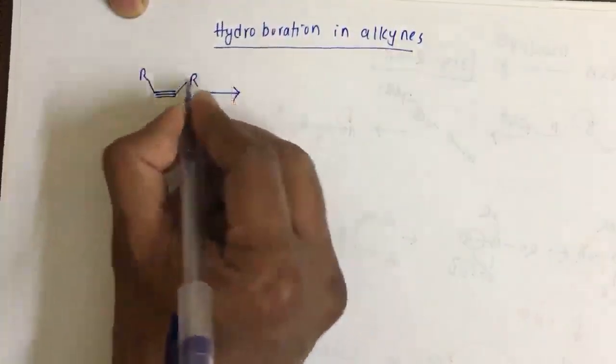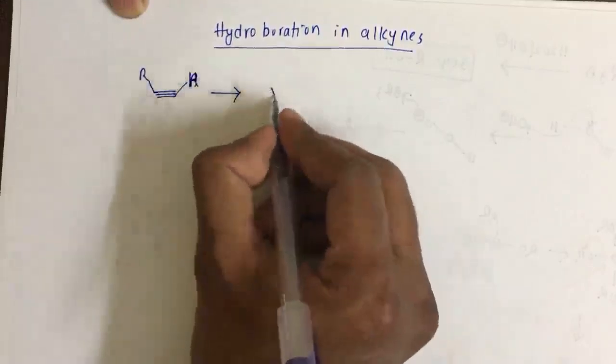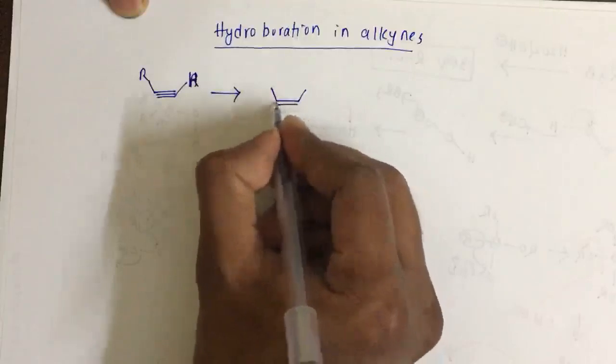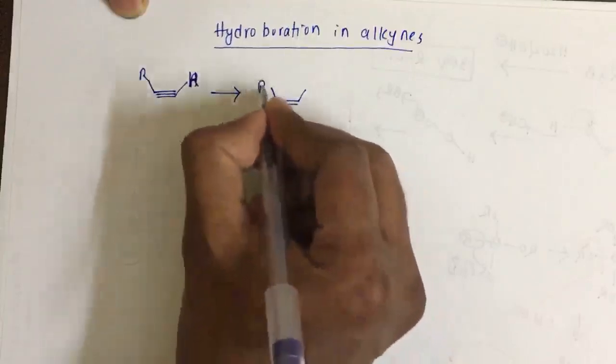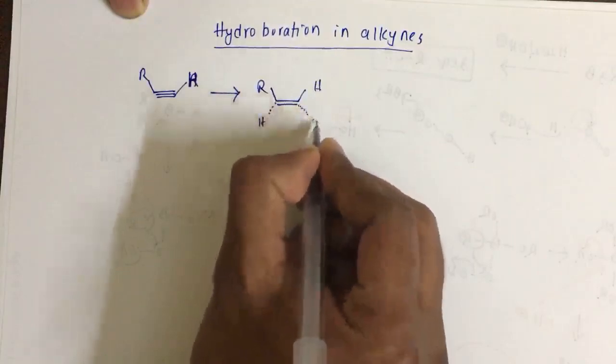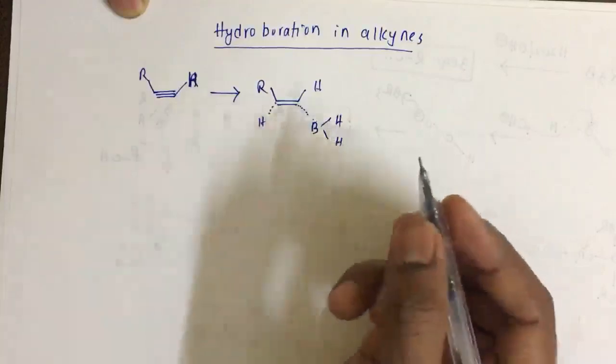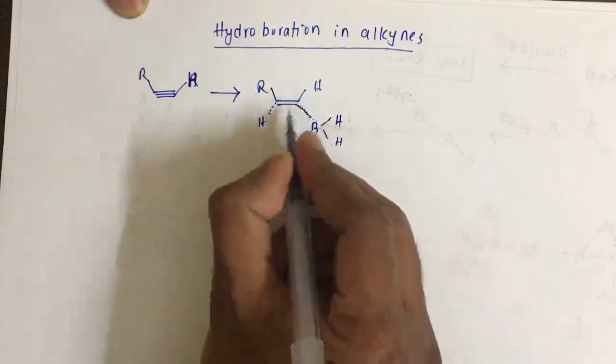Here also, take it as hydrogen, we will get a 4-member transition state where hydrogen attacks the more substituted carbon, and BH2 attacks the less substituted carbon, in the syn position.